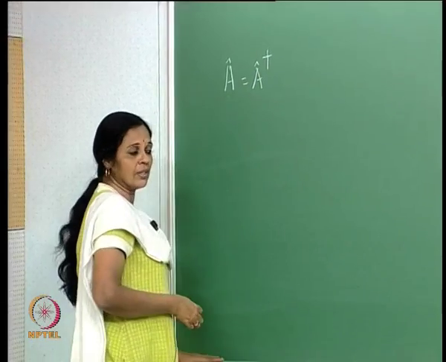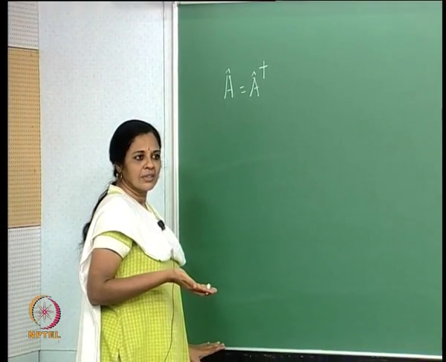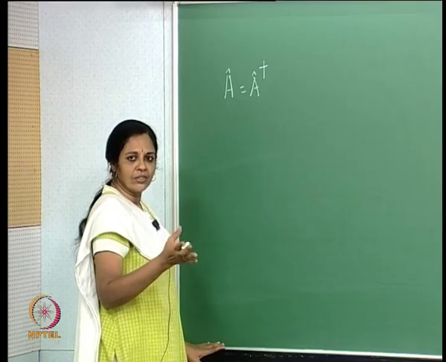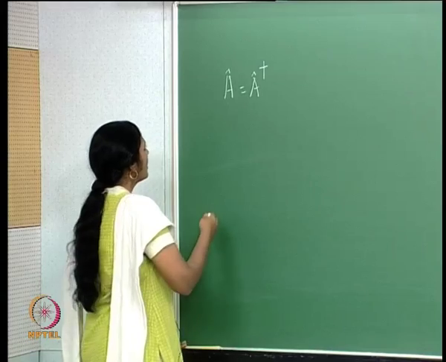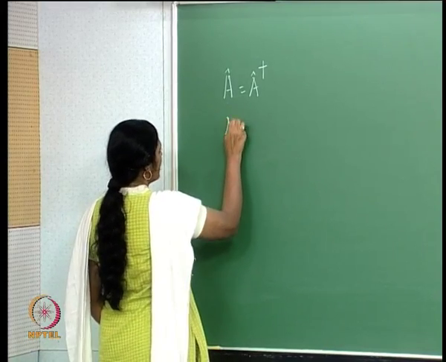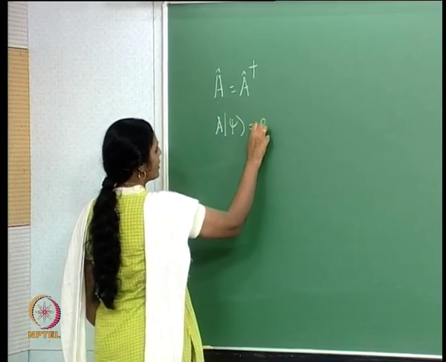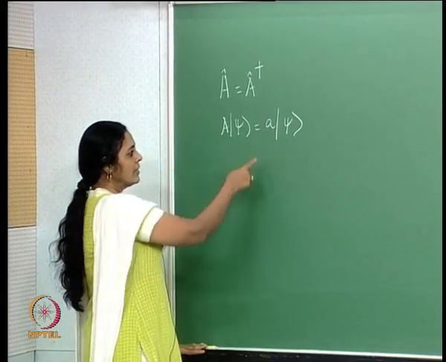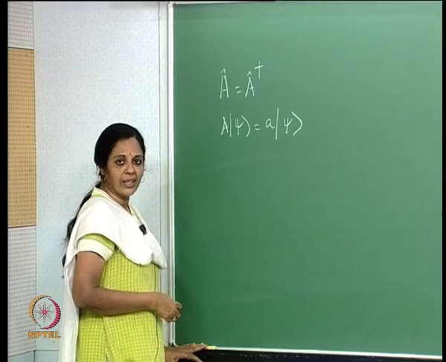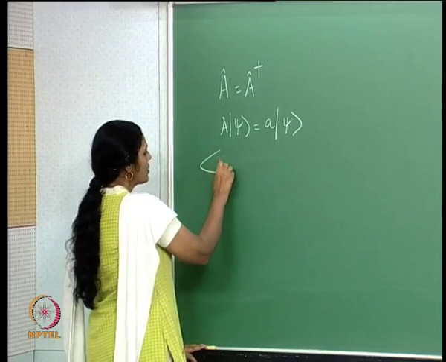The dagger would represent transpose, interchange the rows and the columns and take the complex conjugate of every element. Suppose psi were an eigenstate of A and the corresponding eigenvalue is little a, then surely this is true.